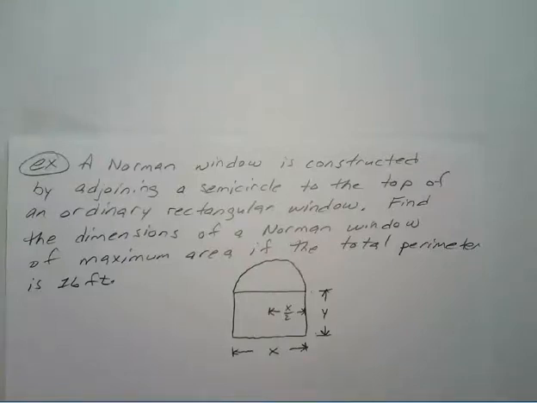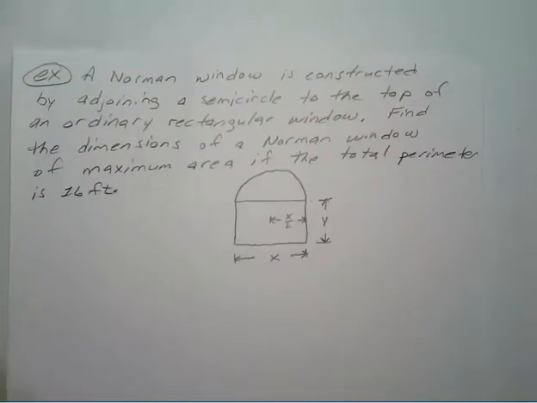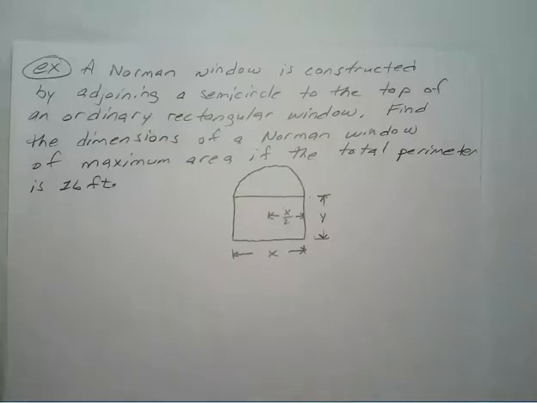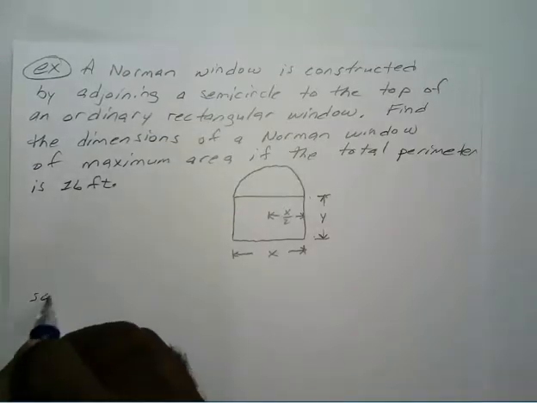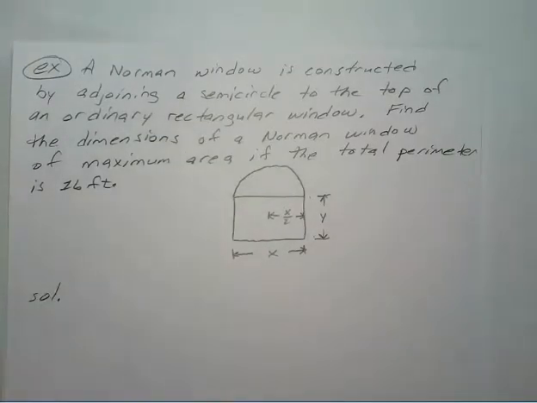Remember, these are just guides to get you started. As you get better, and trust me, if you practice enough, you will get better, you're not going to need those guidelines anymore. You're going to automatically know how to approach a problem like this. You just have to practice. All right, so we're going to solve this.